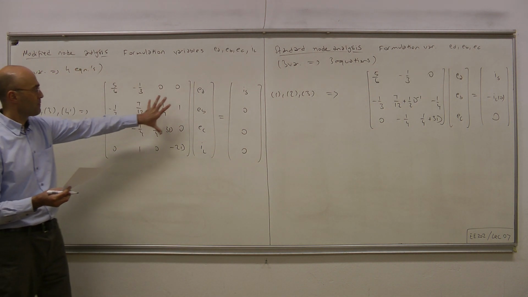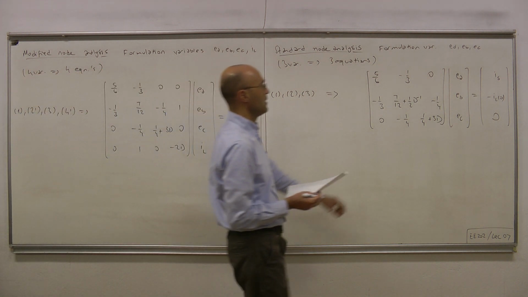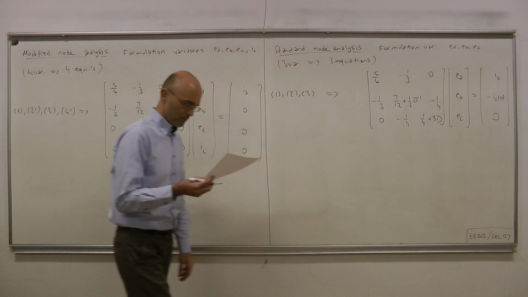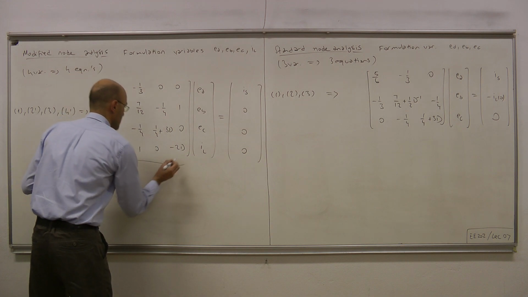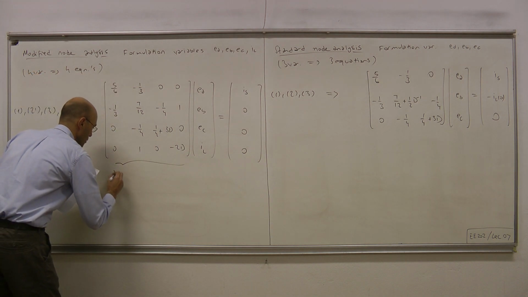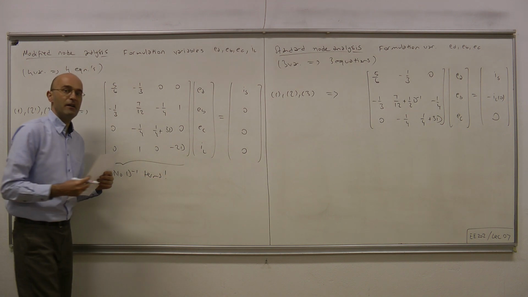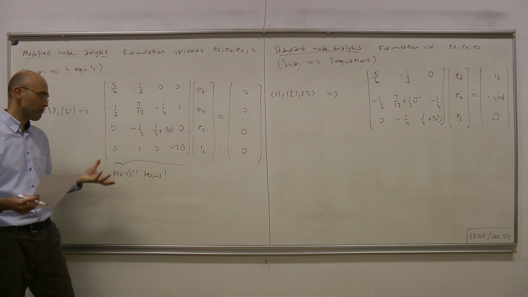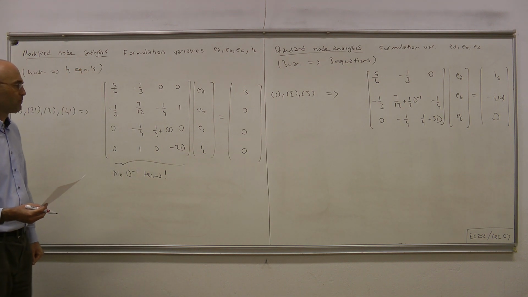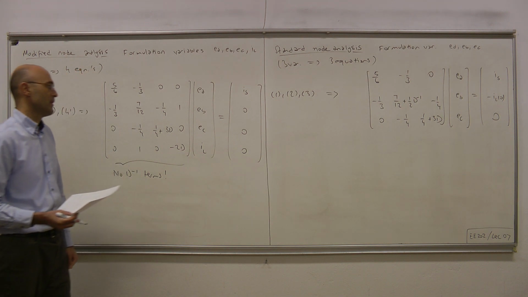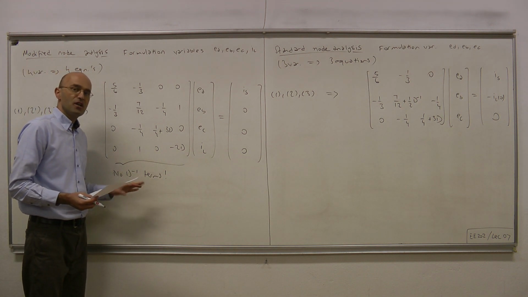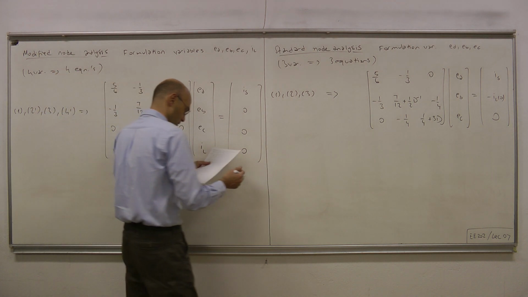Now let's compare this final result with this final result. Note that here we have no integral terms. Okay, and whenever you have integration, automatically the initial conditions appear. Therefore, no integration means no initial conditions.